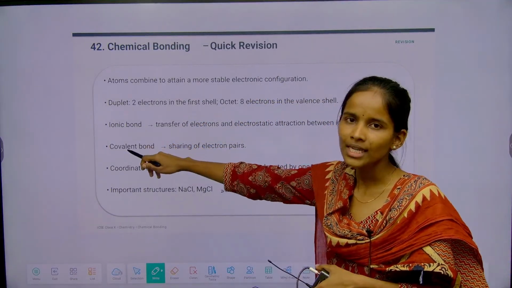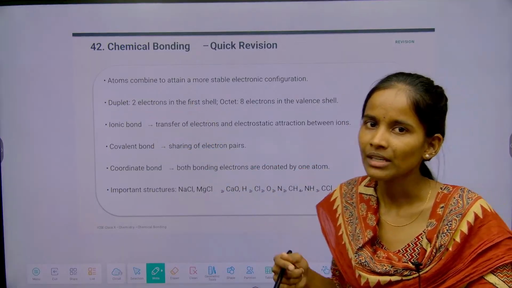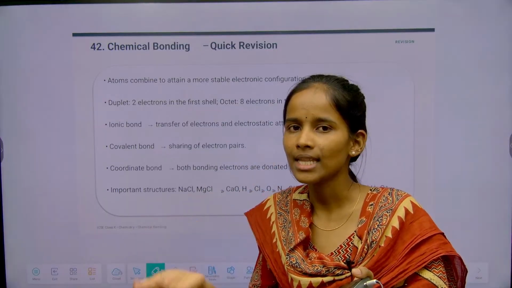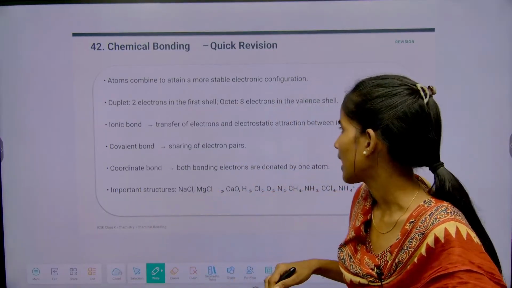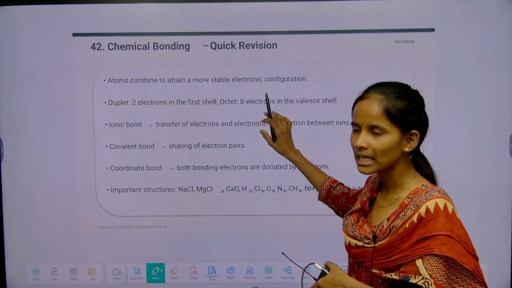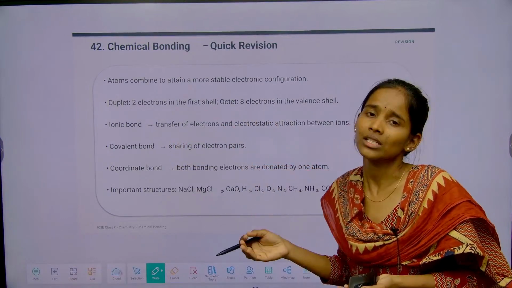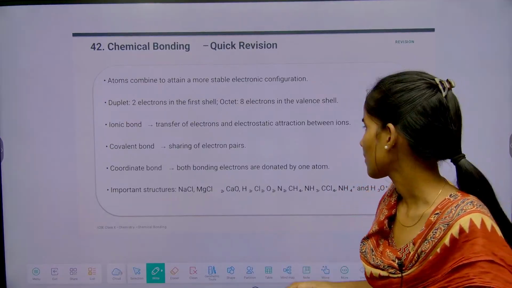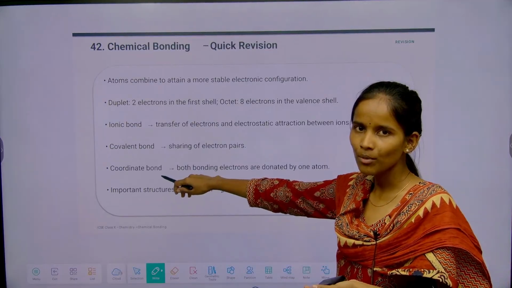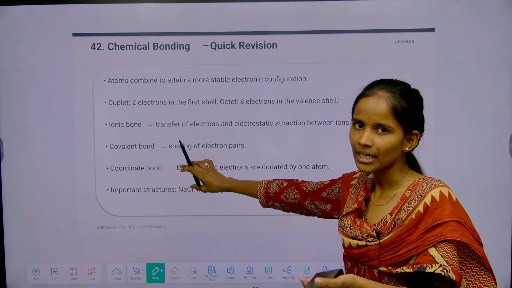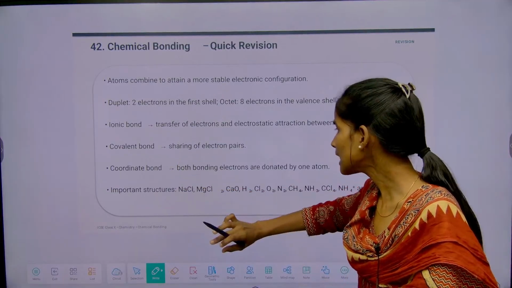Next, we discussed ionic bond, which is formed when one atom completely donates, whereas another atom completely accepts. Then we discussed the properties of ionic bond. After that we discussed covalent bond, in which a shared pair of electrons takes place. And then we discussed coordinate bond with a different example. Coordinate bond means a lone pair is donated by one atom in a molecule.